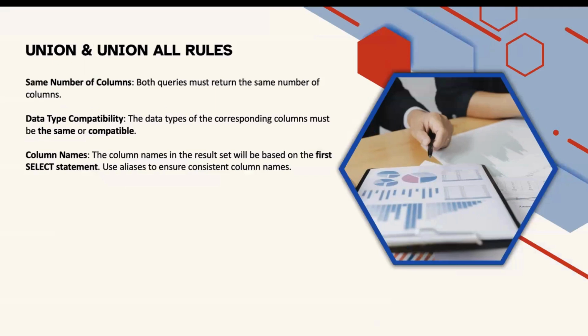And where are unions used? If both tables have the same number of columns and their data types are the same, there are two main rules to execute the union: both tables should have the same number of columns and data compatibility.